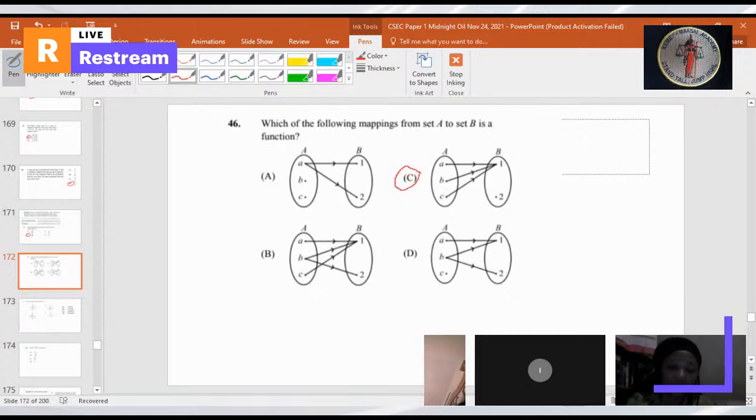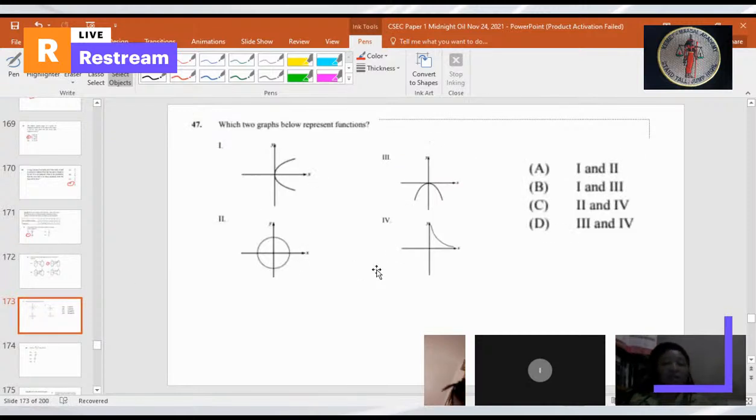Because here in A this element is going to two members, so this is a one to many. Here we have another one to many. B is going to two and also to one. So only in C is each one going to only one. This is a many to one.